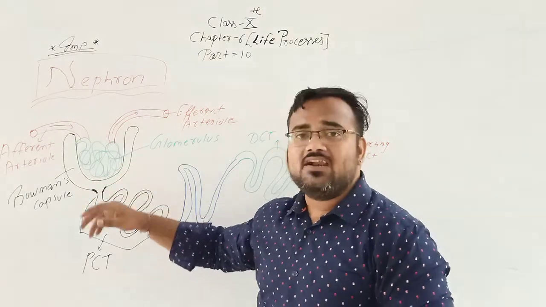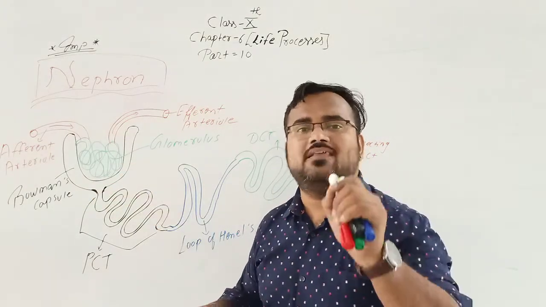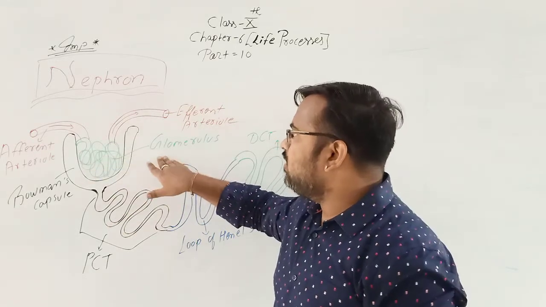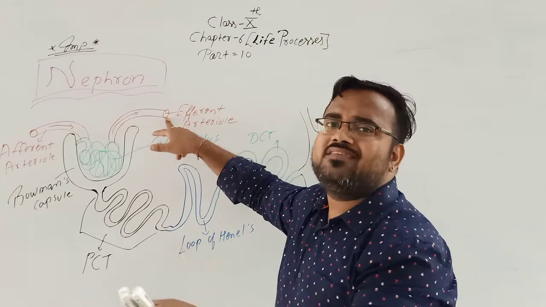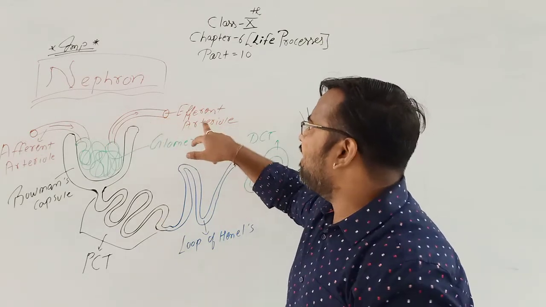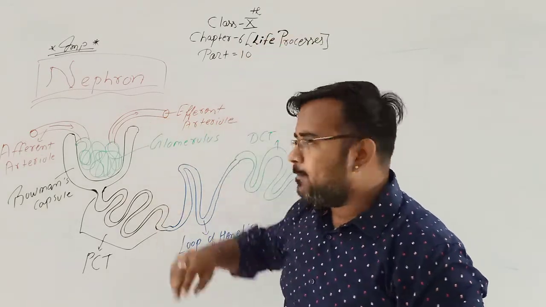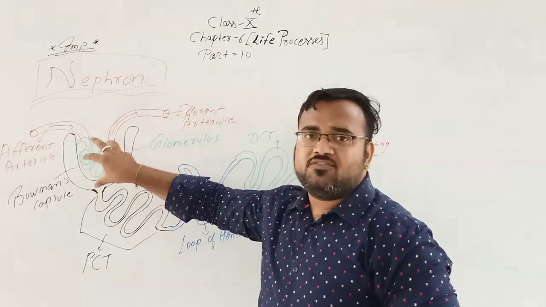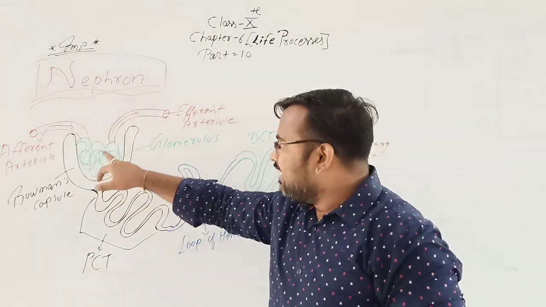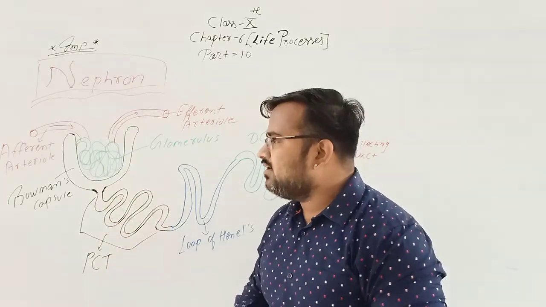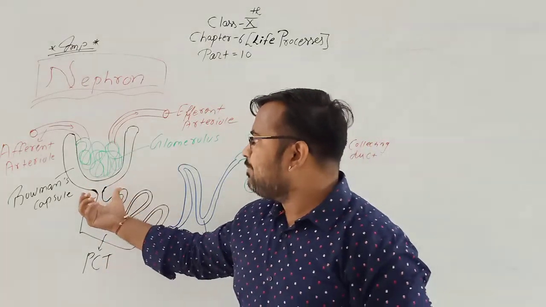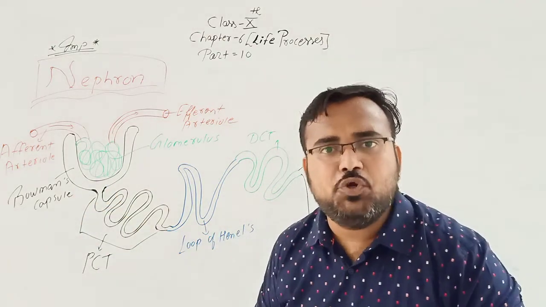Only the waste substances which are small in size get filtered in the glomerulus, and the rest of the blood, having the plasma proteins, RBC and WBC, is carried by the arteriole to all parts of the body. Now the waste product which is filtered here is transported into the PCT. How is it transported? Bowman's capsule also has some minute pores.